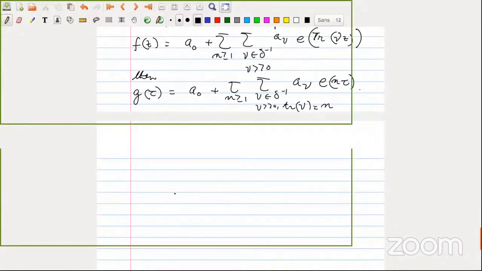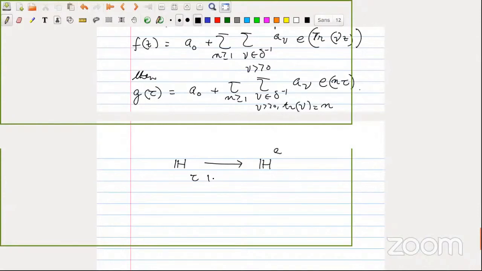Okay, so what am I having here? So again, this is just a summary. So I have here H, and this is embedded inside H². What is the map?